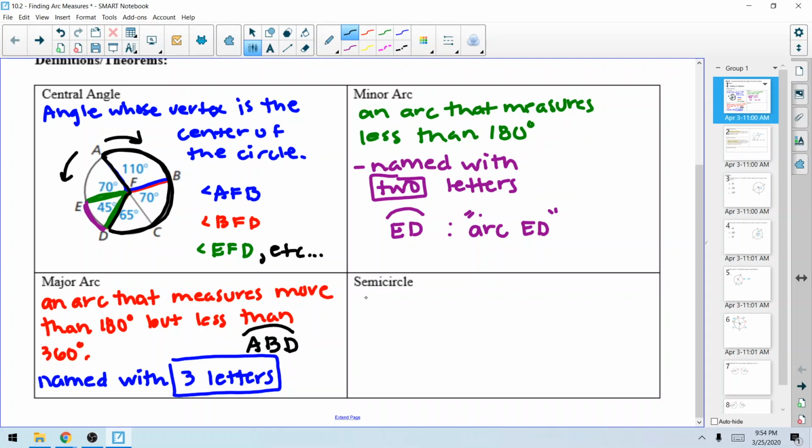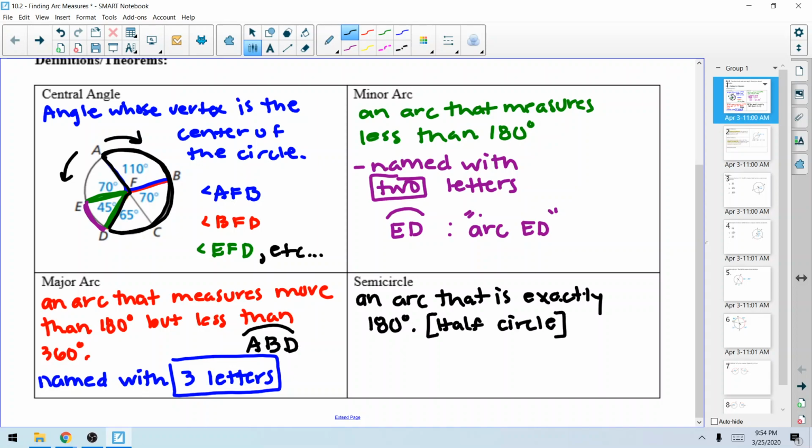Semicircle. An arc that is exactly 180 degrees, which some of us know semicircle as half of a circle. And these guys are also named with 3 letters.